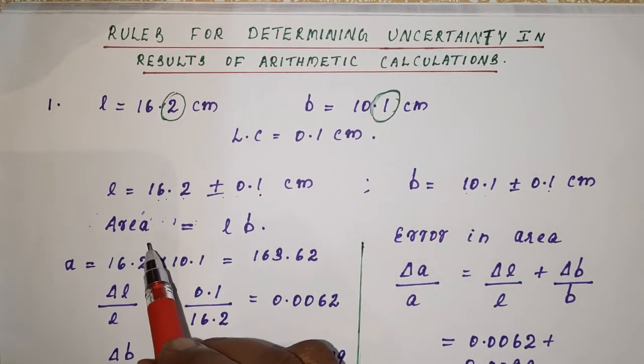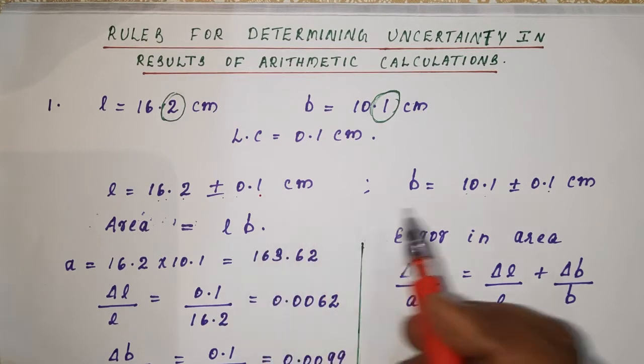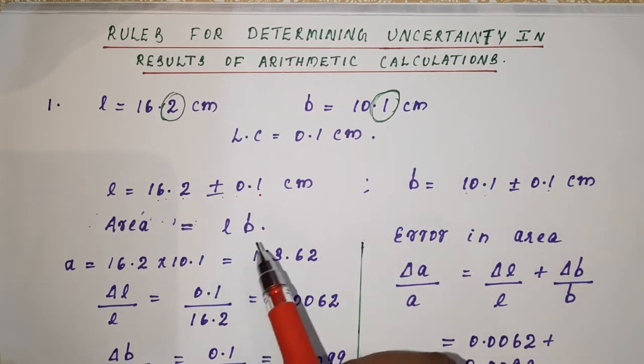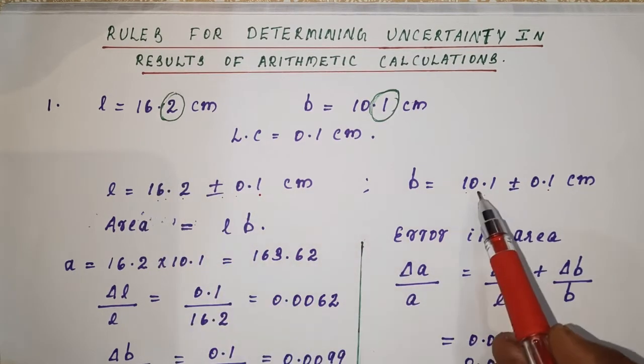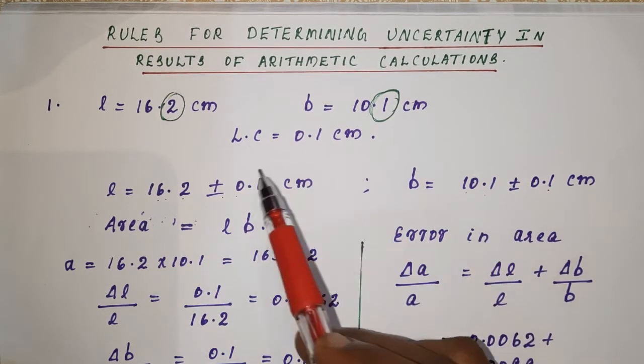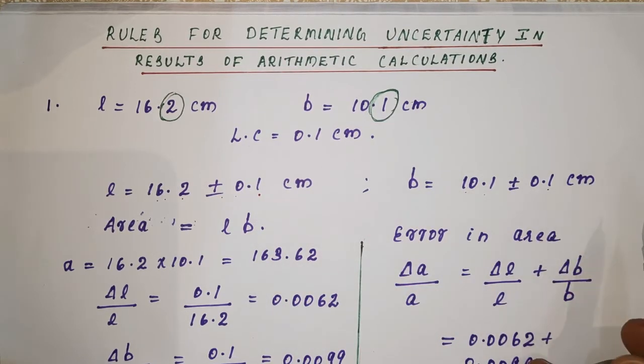Now finding the area. Area equals length into breadth. So you have to do it in two parts. The measured values, or true values, you have to multiply, and what to do with the errors? You cannot simply add absolute errors.